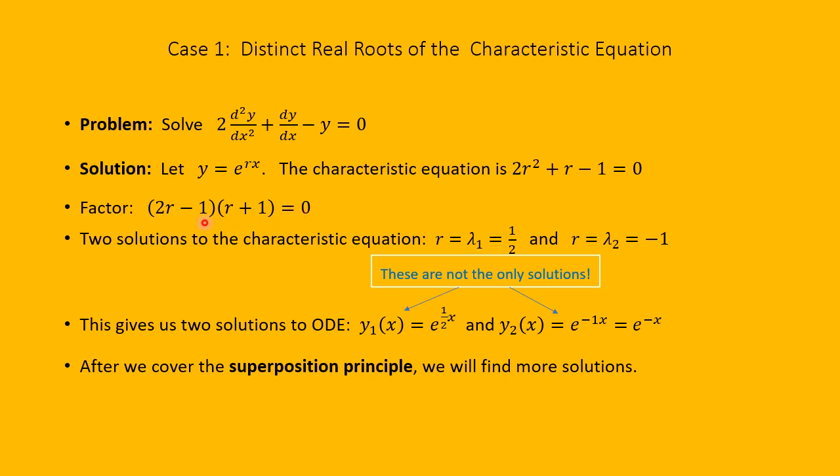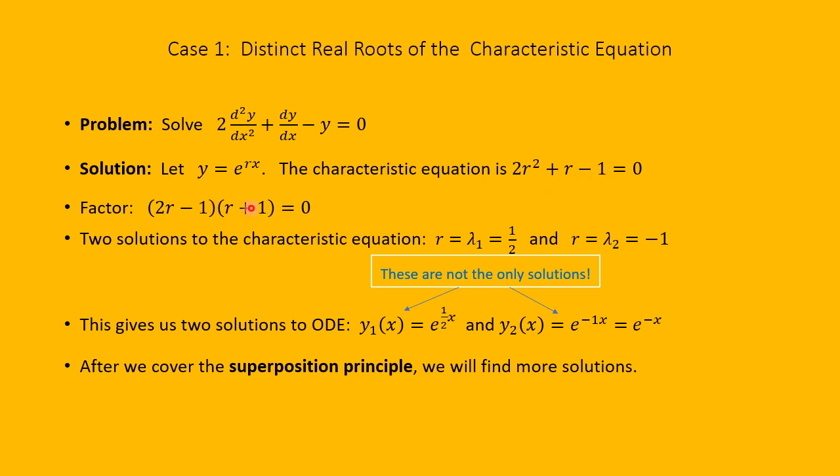Let's check this. 2r times r results in 2r squared. Minus 1 times r plus 2r times 1 gives us an r, and minus 1 times plus 1 results in the minus 1 we have here. If we multiply this out, we can see that it does equal what we have up here. These two equations are equivalent.